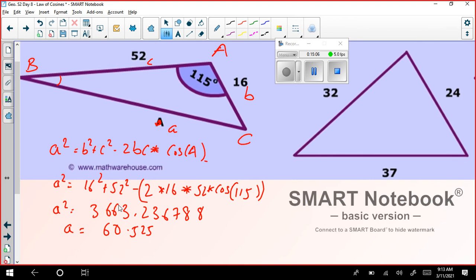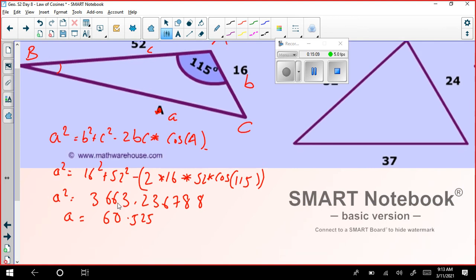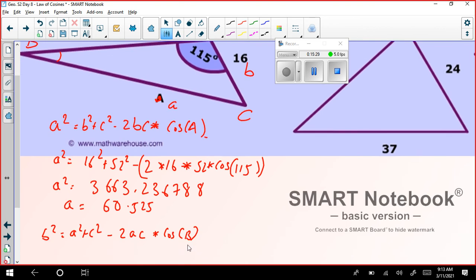Let's use one more formula once again. This time I'll use B square equals A square plus C square minus 2AC times cos B. I need to find angle B. So just substitute everything. B square is 16, so just put 16 square. A square is 60.525.